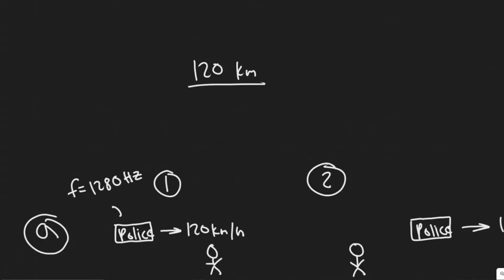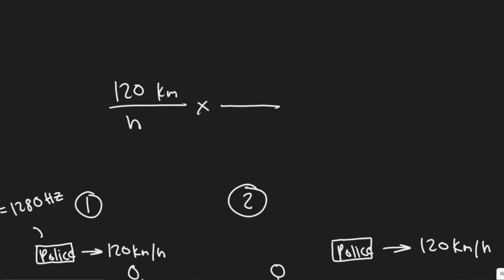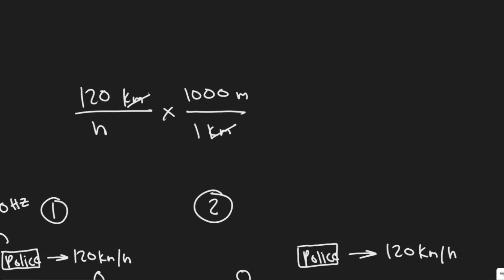So 120 kilometers per hour. We know that there is 1 kilometer for every 1,000 meters. So these will cancel. Now we have it in meters. To get rid of the hour, there's 1 hour for every 60 minutes, and we also know 1 minute is 60 seconds.